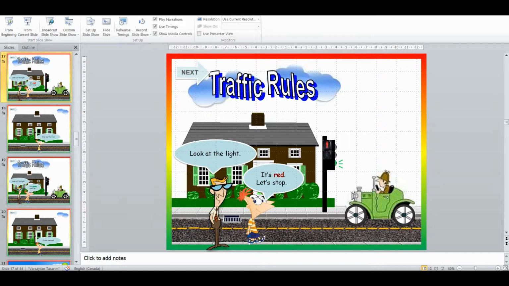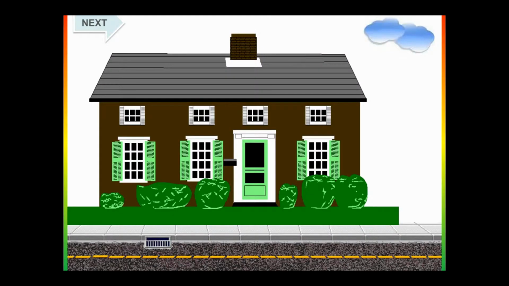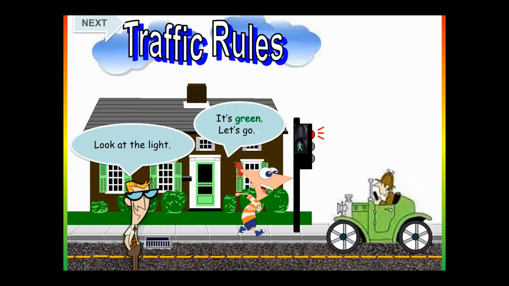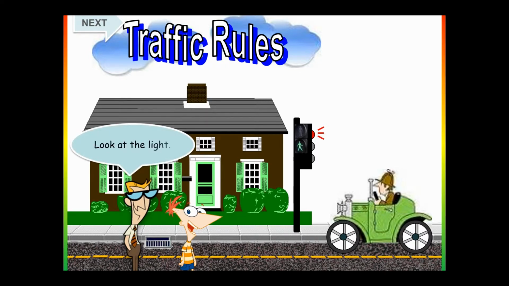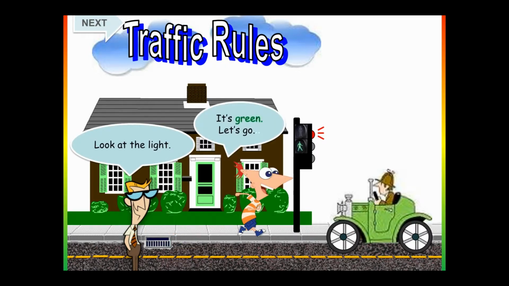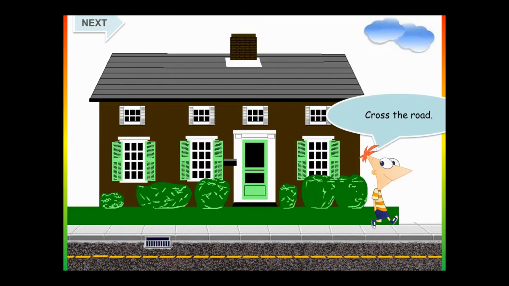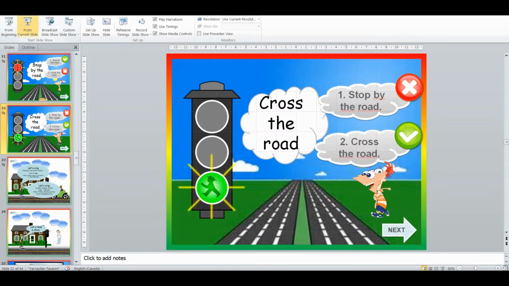We include the ones from before, like look at the light, it's red, let's stop, but also ones like stop by the road, look at the right, look at the light, it's green, let's go, and cross the road. Then we'll do a couple of quick multiple choice comprehension questions.